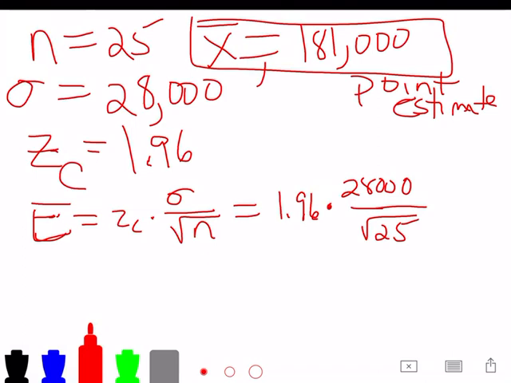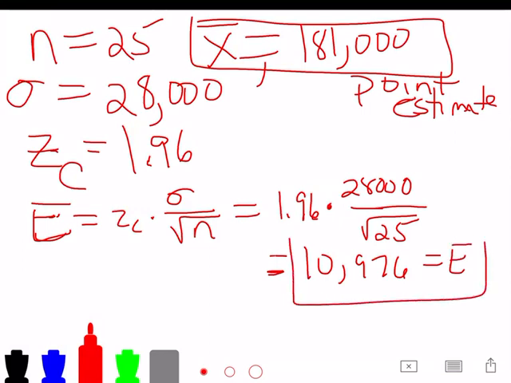Actually, the square root of 25 is 5, so you could just put 5 there. Or if that doesn't work out evenly, you'd enter this in your calculator as 1.96 times 28,000 divided by the square root, enter the square root, 25 equals, and I get 10,976.